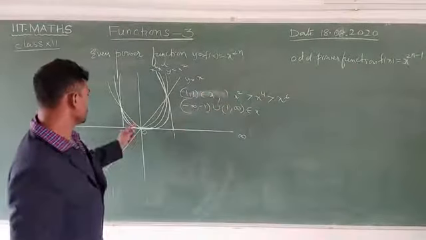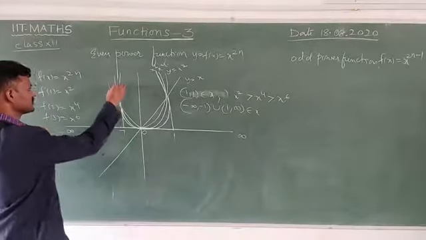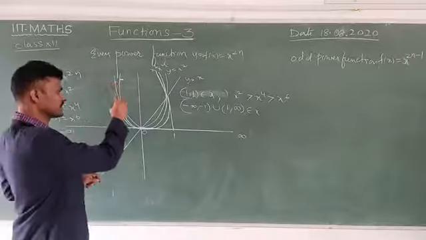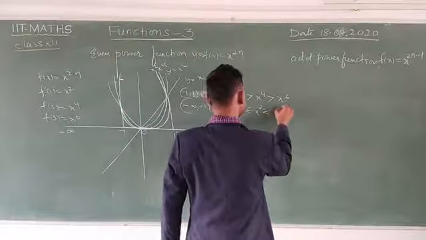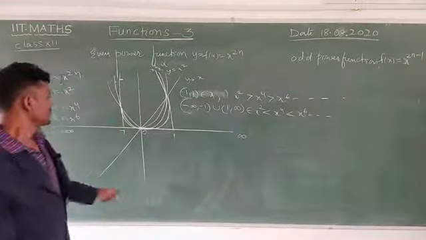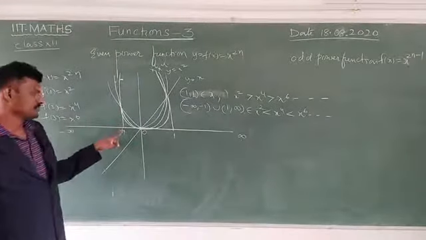Now see here, which one is greater? In this region, x square is less than x power 4, which is less than x power 6, and so on. The same holds from minus infinity to minus 1.